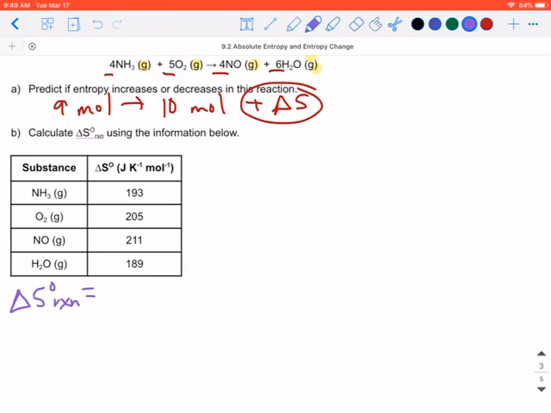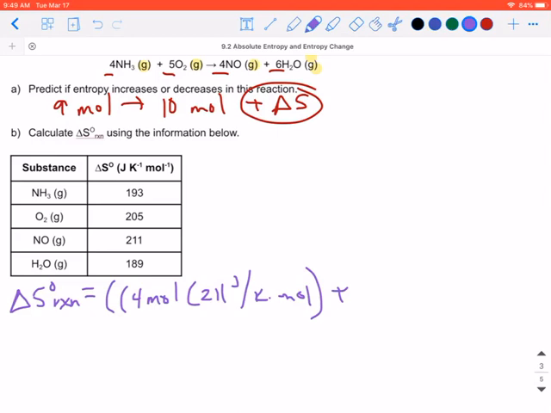So I have 4 moles of NO, and the entropy of NO is 211, so I'm going to multiply 4 moles times 211 joules per Kelvin times moles. Plus, this time I have two products, so I need to add those together.